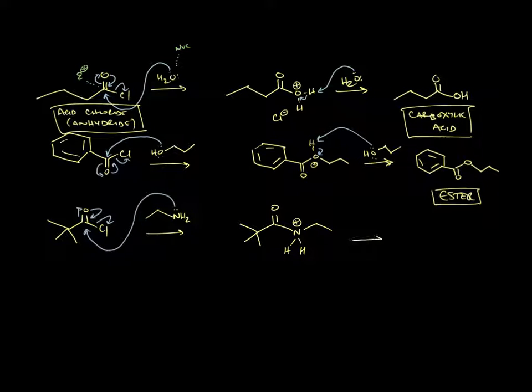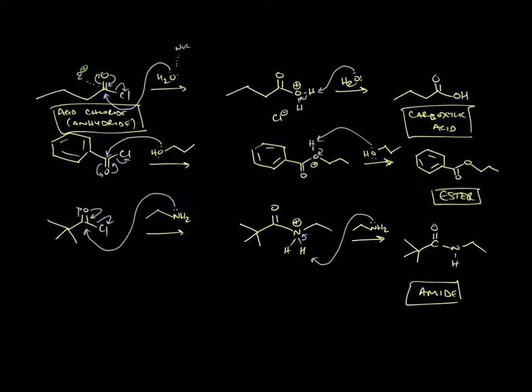Thankfully, we have an amine, which amines are very readily basic already. And so one of those guys could just pull a hydrogen off of that guy, and that would give us the final product of the C double bond O attached to an N, which is an amide. These are by far the most often used ways to make esters and amides. So, acid chlorides are really wonderful, they're really helpful to us.